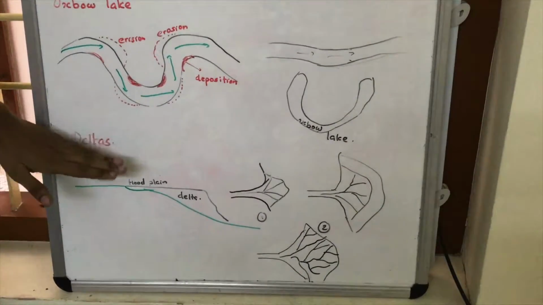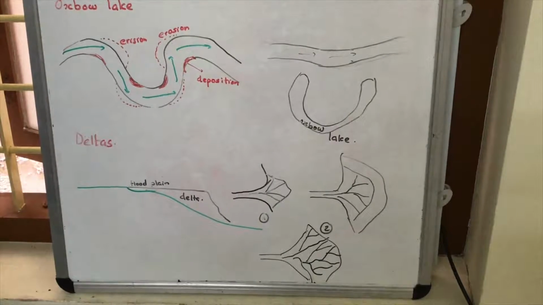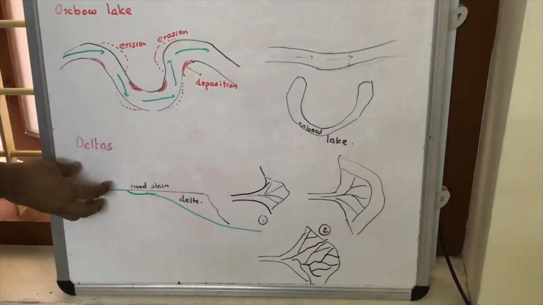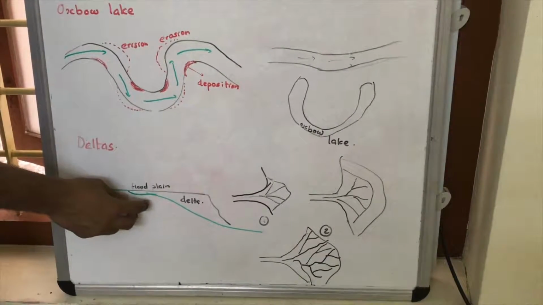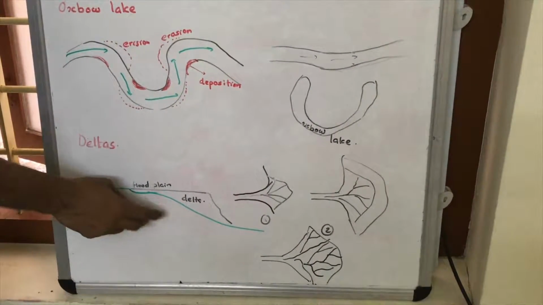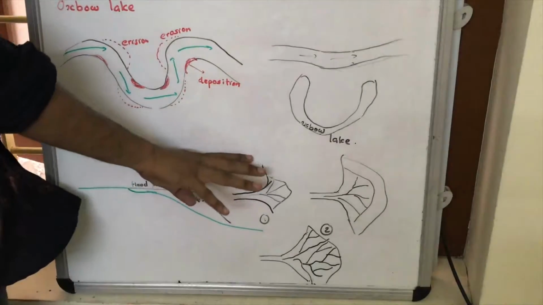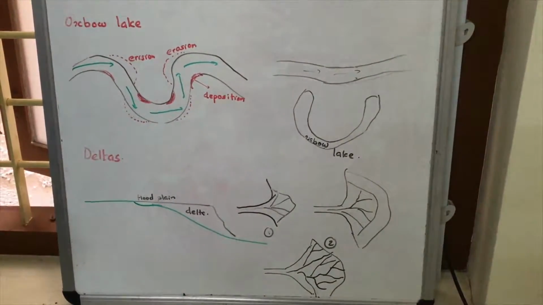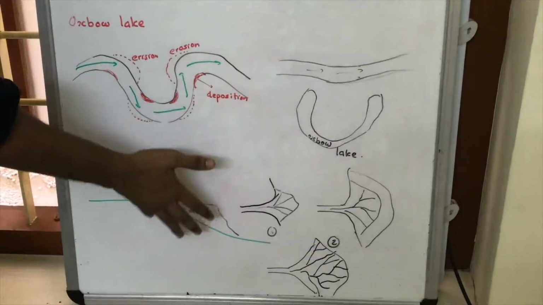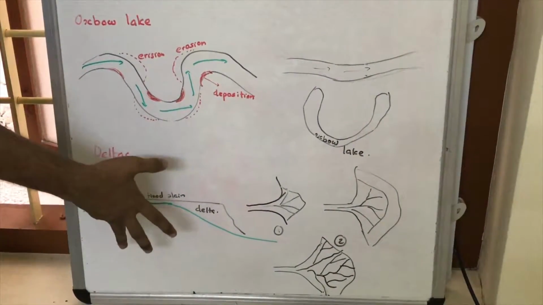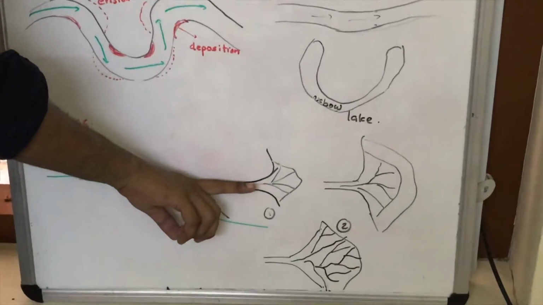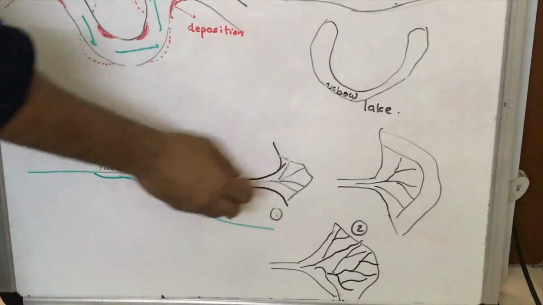So then comes delta. When we look here, the river will be flowing in this direction, and let us say this is the mountain course. Then after that comes the floodplain. Then after that region, when the river enters the sea, so much of the silt which is not deposited in the middle plain will be deposited in this mouth, and we are getting this delta. In the initial phase, the river will be entering this sea.